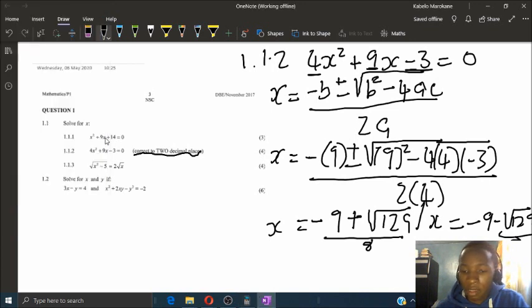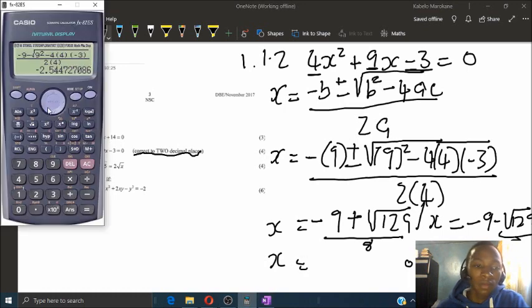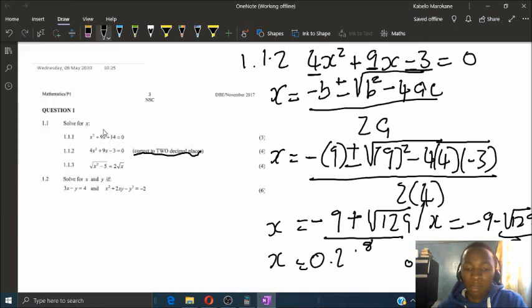So x is equal to minus 2.54, or x is equal to 0.29 to 2 decimal places. So we have done it.